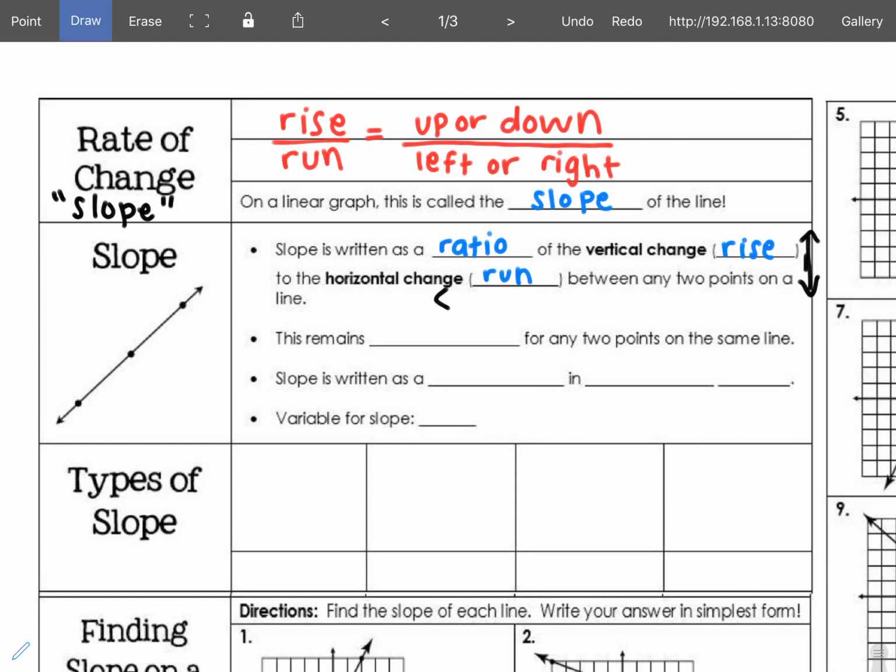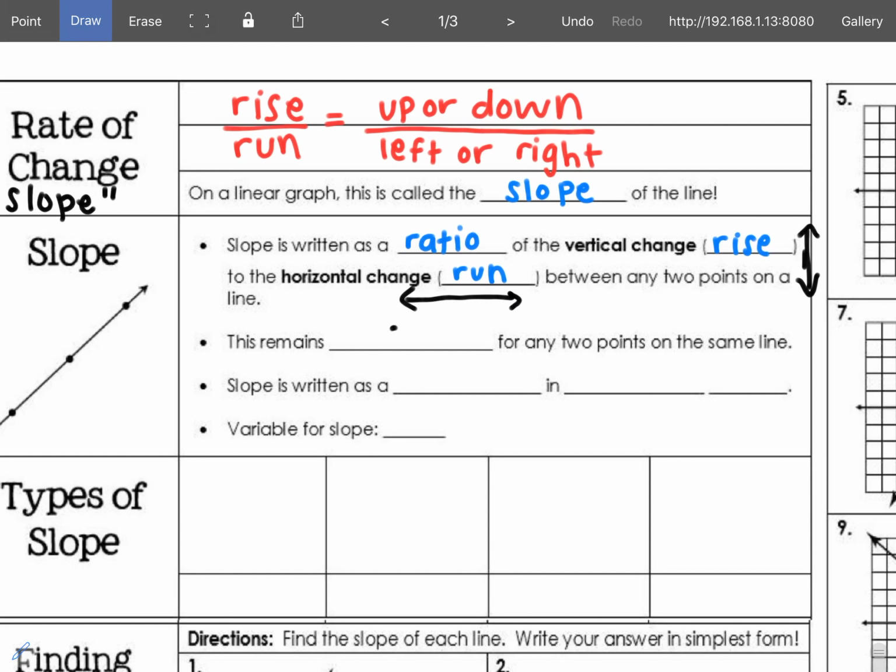Okay, I'm going to draw that a little straighter. So this remains constant or the same for any 2 points on the same line. So the slope's not going to change. If you're given a line, the slope's going to stay the same the entire time.